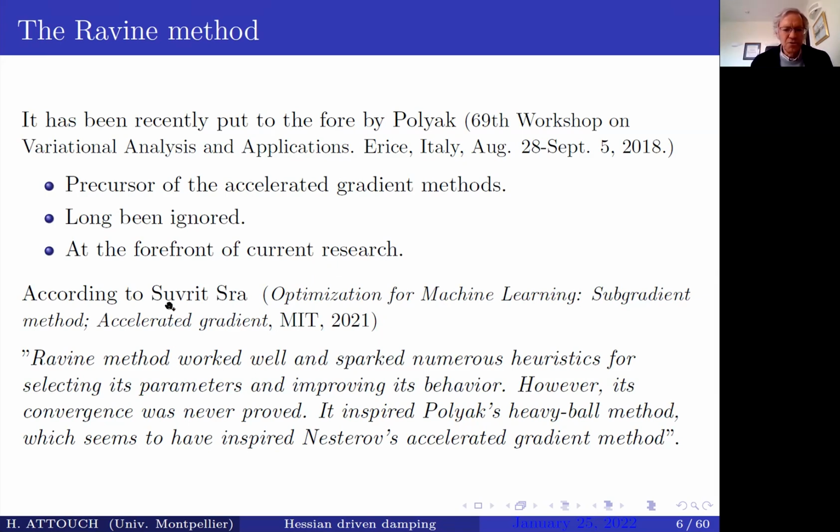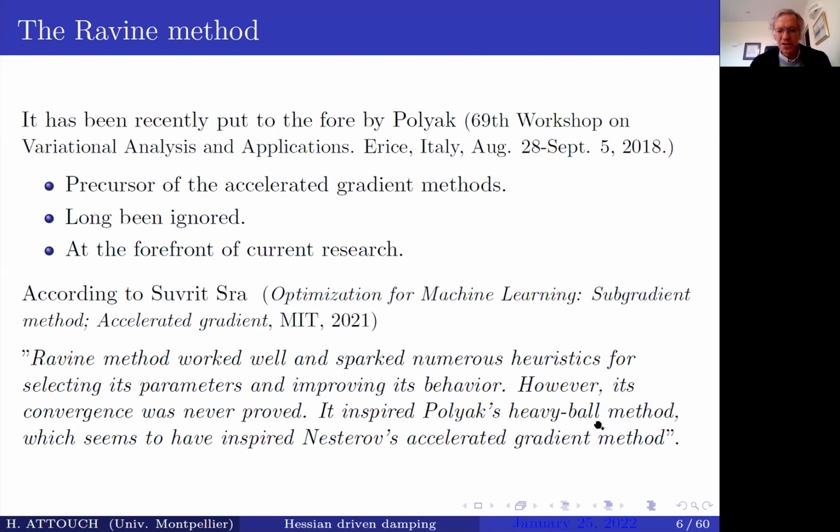And according to Suvrit Sra, who also gave a recent survey lecture on optimization for machine learning and accelerated gradient at MIT, he said this sentence, I think a very good sentence: the Ravine method worked well and sparked numerous heuristics for selecting its parameters and improving its behavior. Our view is convergence was never proved.